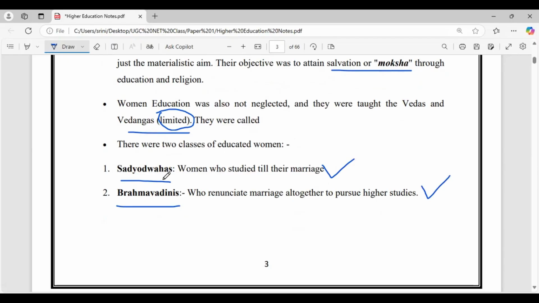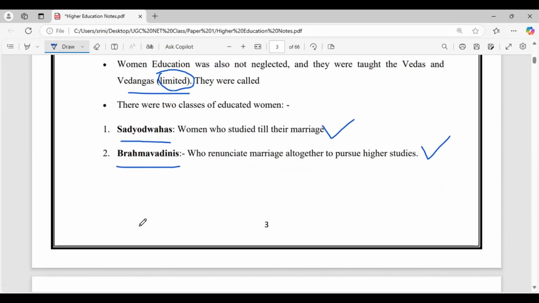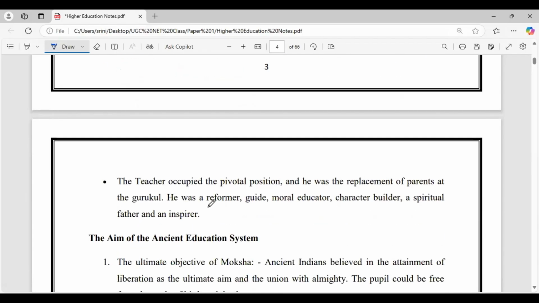Either Sadyodvaha, who can study till marriage, or Brahmavadini, who does not get married if she wants to study higher in the ancient system. The teacher occupied the pivotal position, and he was a replacement of parents in the Gurukul.